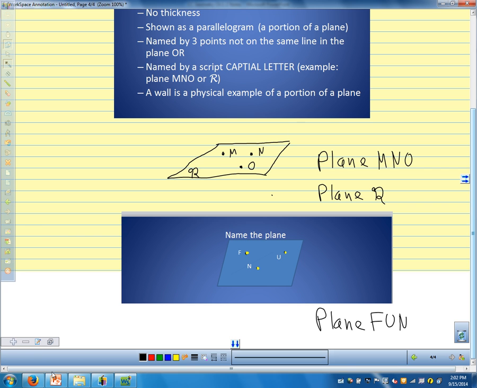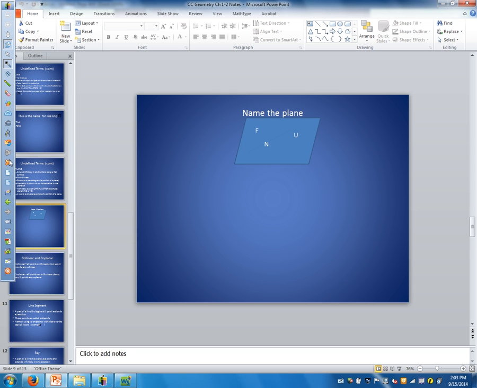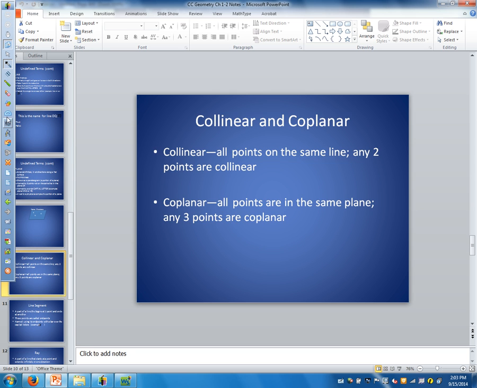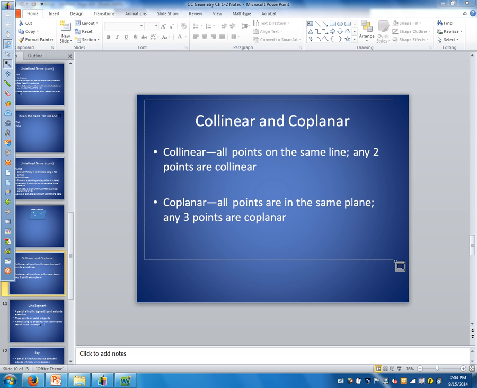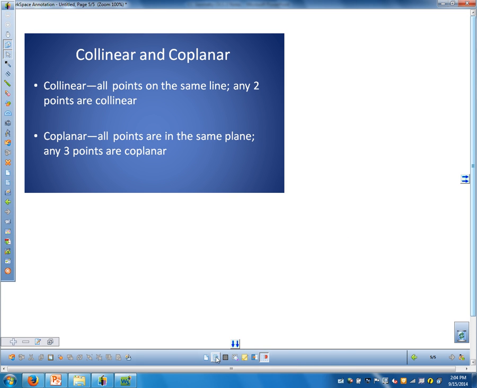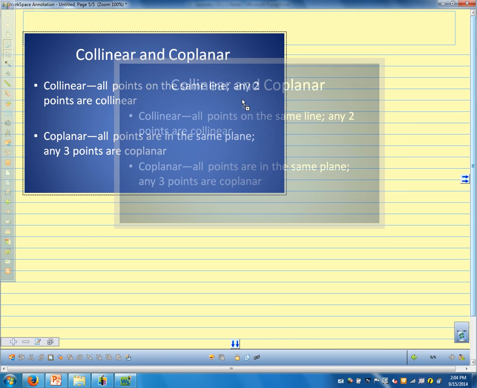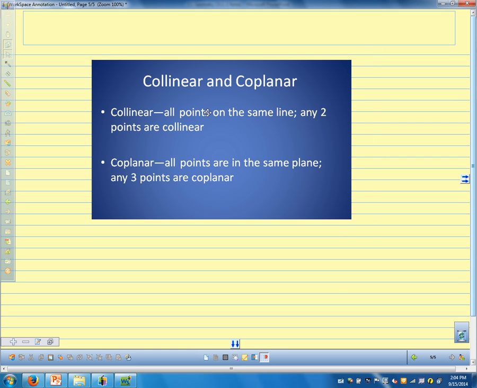All right. Our next terms. So we put these 2 together because they're kind of similar. So you're going to have 1 box for each of these. One is collinear and one is coplanar.